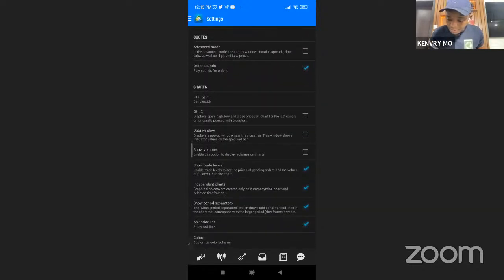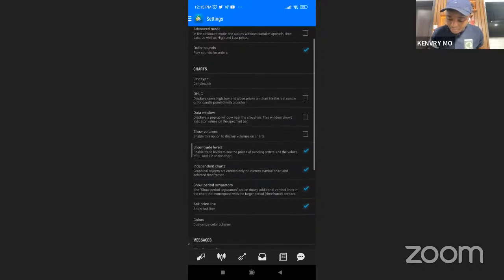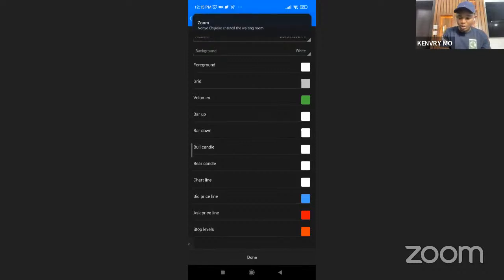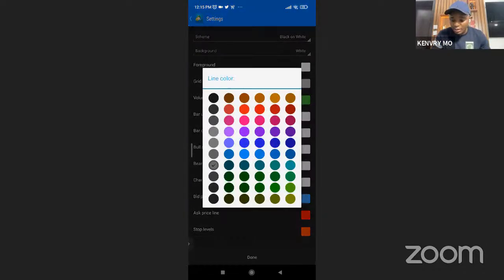Where are colors? Good. So just the same way you have it, the same thing you do here. On Android, colors. So foreground is white, grid is black.